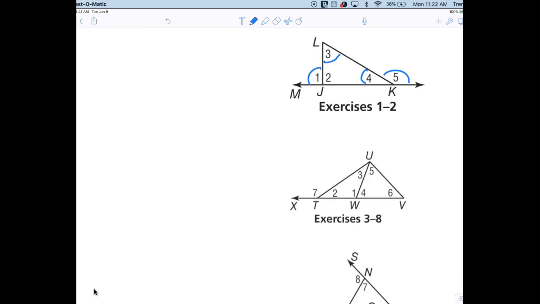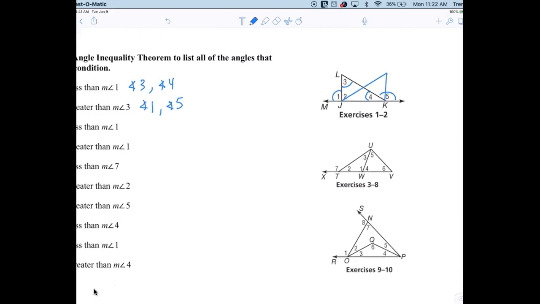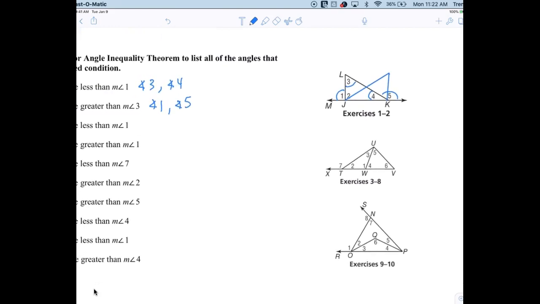Now, I think it would be safe to say that that could be true, but do you see if I drew my triangle maybe this direction, it might not have to be true? Am I drawing that so you can see it? Right. So I think it's safe to say that only angle 1 and angle 5. All right, angle 1 and angle 5. Again, like I said, guys, this is really simple.